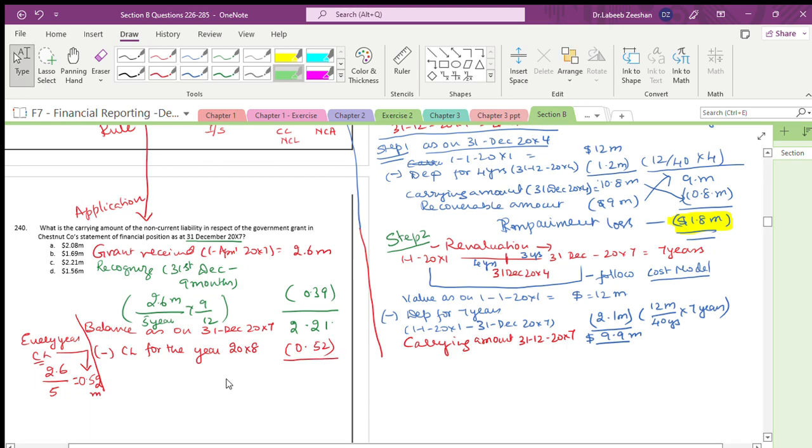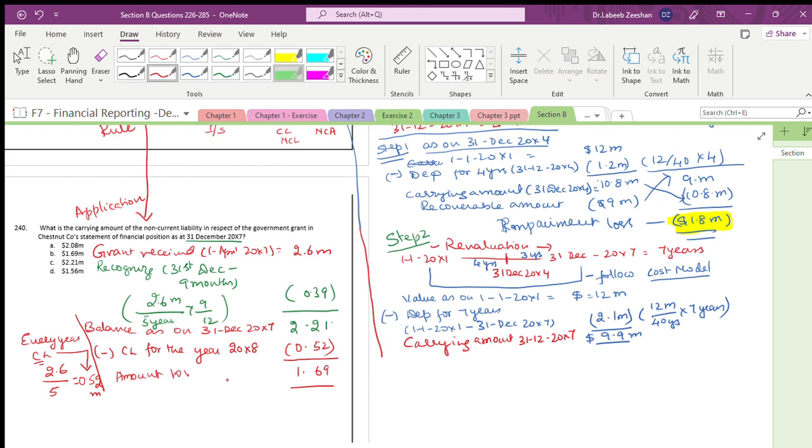So 2.21 minus 0.52 comes to 1.69. This is the amount to be shown as non-current liability on 31st December 2007.